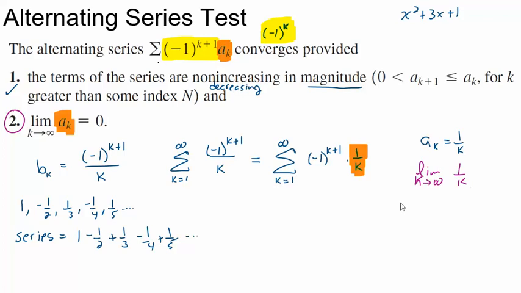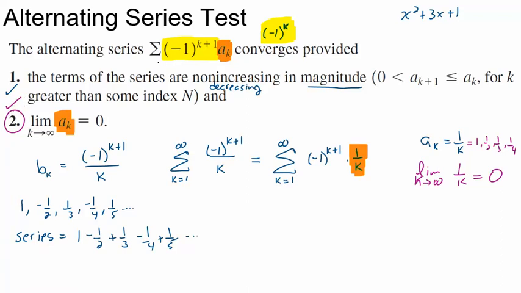Well, it's pretty clear to see here that the terms of this are 1, a half, a third. The denominator goes to infinity, the numerator stays 1. If the denominator is increasing without bound and the numerator is constant, then the limit is 0. So check. We've met these two criteria.